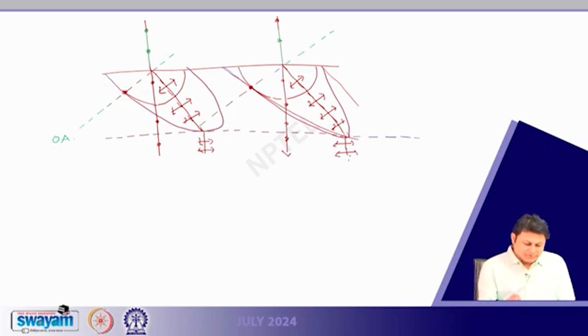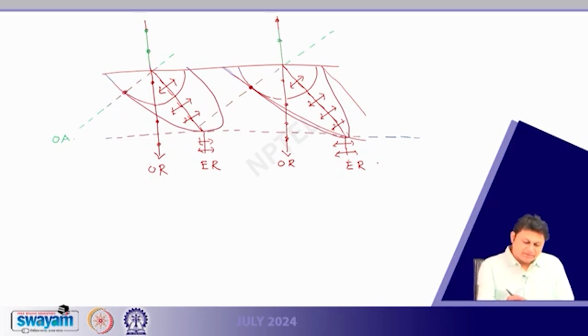Okay. So this is the way. Here this is the ordinary ray and this is the extraordinary ray.